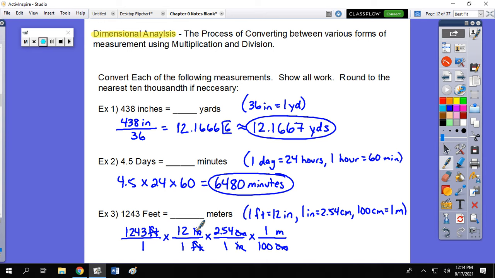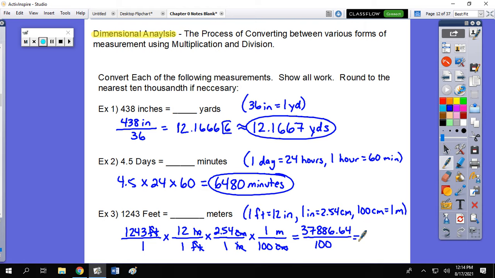So when we multiply this out like we would any fraction, we multiply straight across. So we do 1,243 times 12 times 2.54 times 1. That is 37,886.64. And we do the same thing on the bottom. 1 times 1 times 1 times 100 is 100.